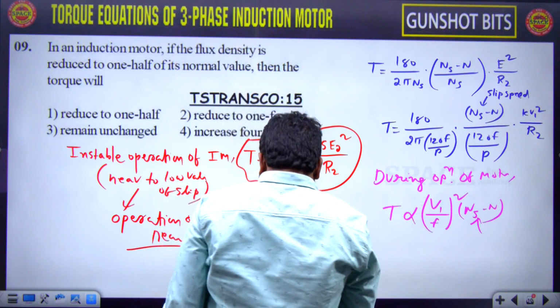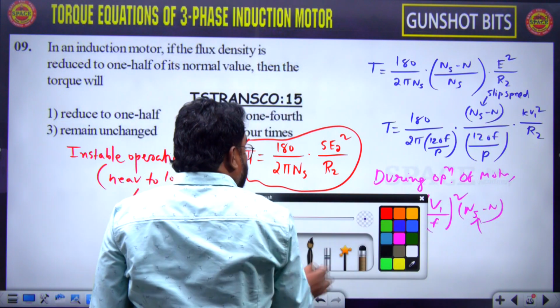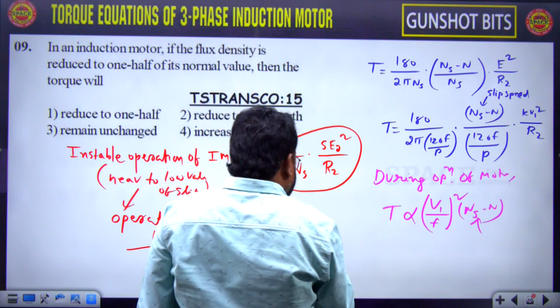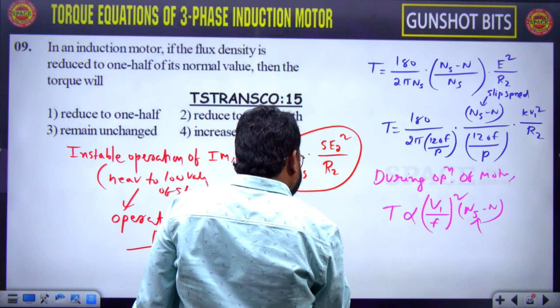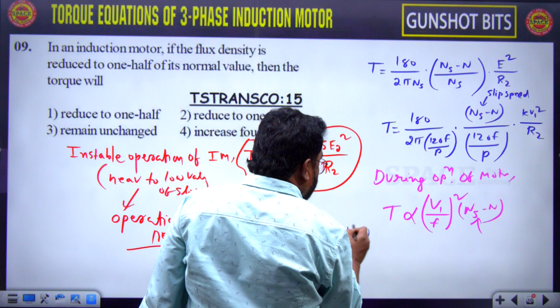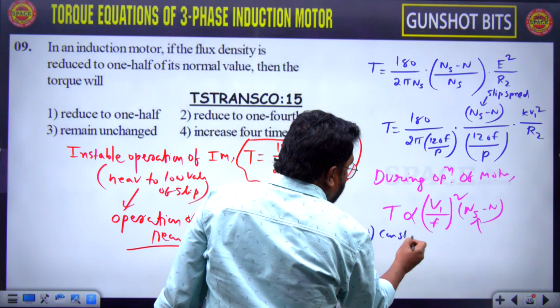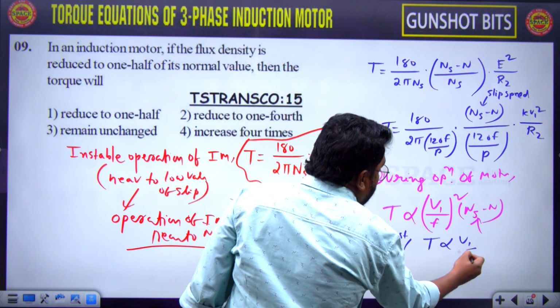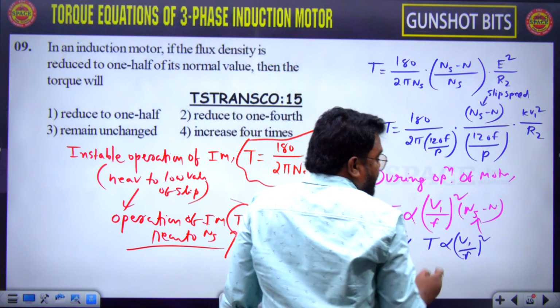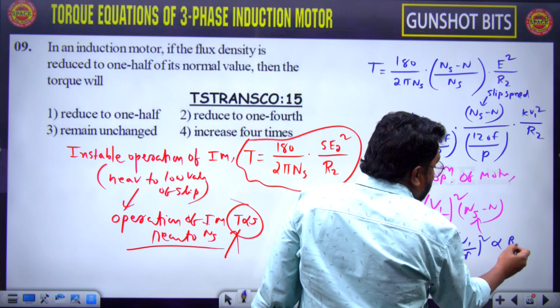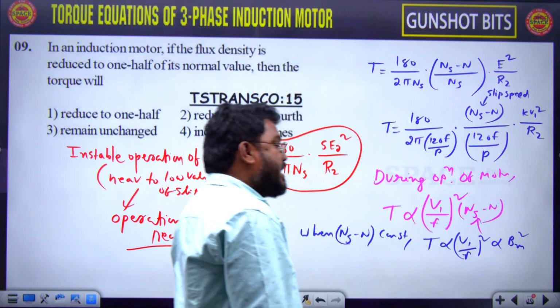So by using this, what I conclude: when ns minus n, the slip speed of the motor, is a constant, then the torque is directly proportional to (V1 by f) square. Now V1 by f is the maximum flux density of the core, B maximum.